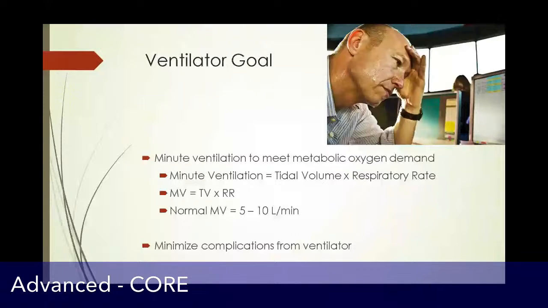You can cause a pneumothorax, a hole in the lung, or you can cause decreased blood output from the heart. So you're going to want to monitor the patient as you put them on the ventilator, look for any signs of complications and fix them as they come up, and hopefully prevent them.